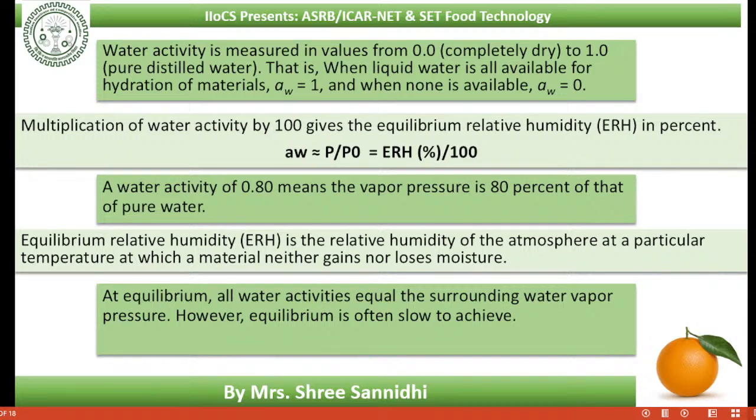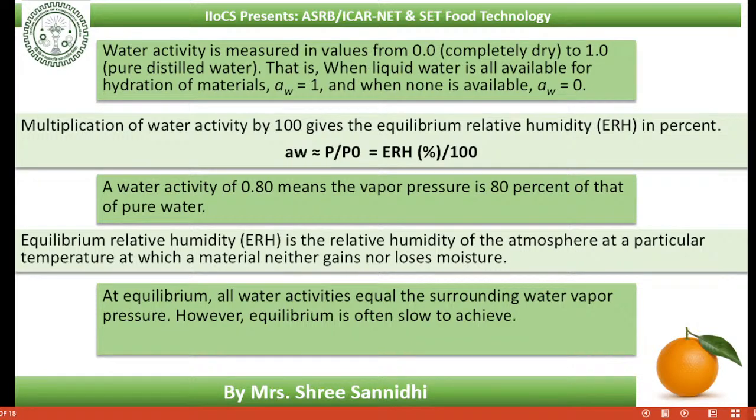Equilibrium relative humidity is the relative humidity of the atmosphere at a particular temperature at which a material neither gains nor loses moisture. Relative humidity is, in simple words, the moisture content present in the air which surrounds the food.